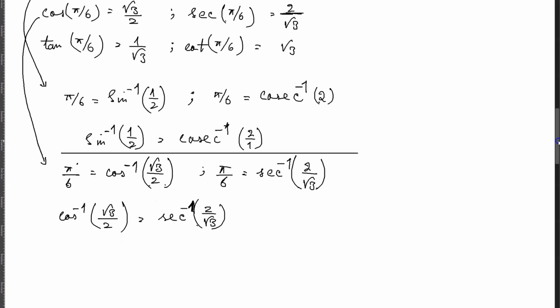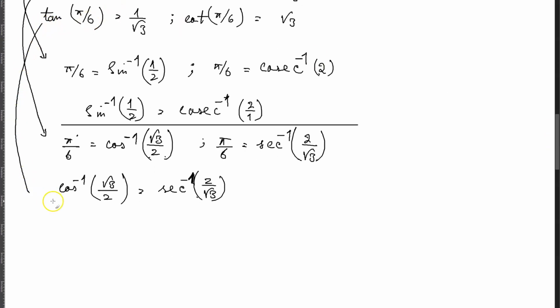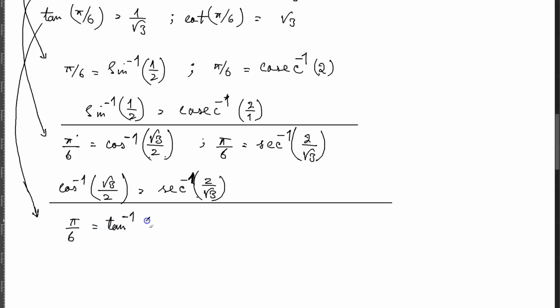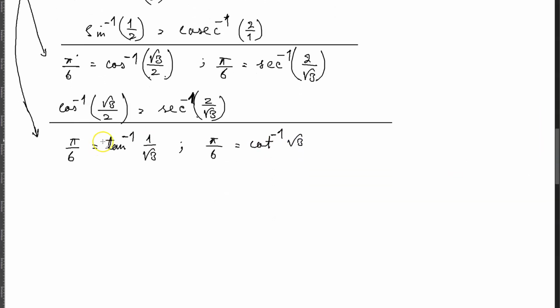And also based on this equation, I can say that pi by 6 is the tan inverse of 1 over square root of 3, and pi by 6 is equal to the cot inverse of square root of 3, which means that the tan inverse of 1 over square root of 3 is the same thing as the cot inverse of square root of 3 by 1, right?